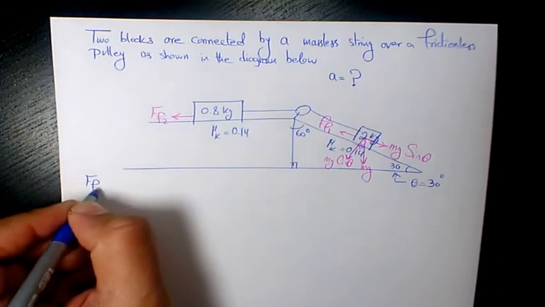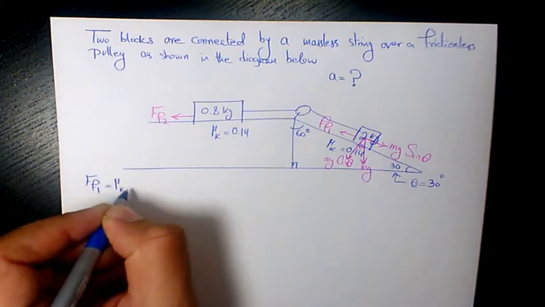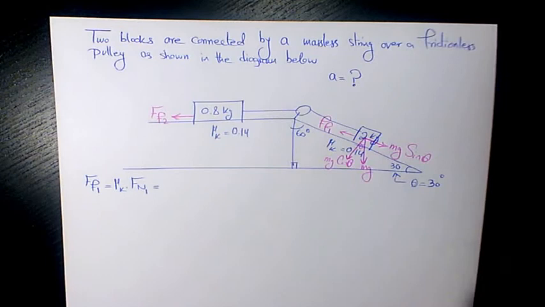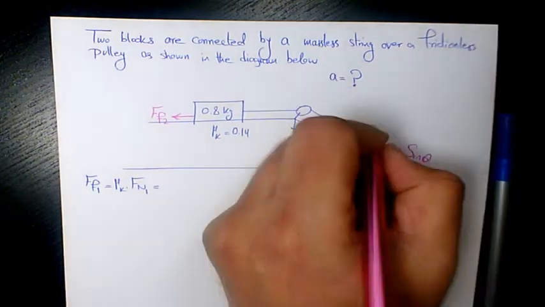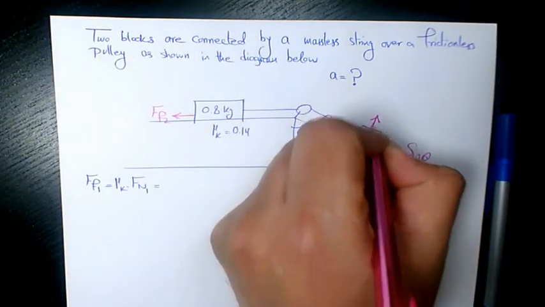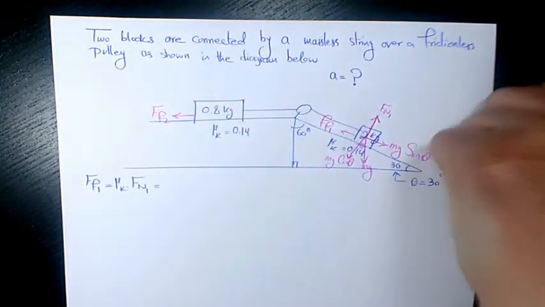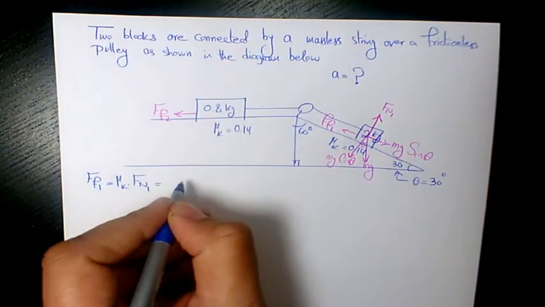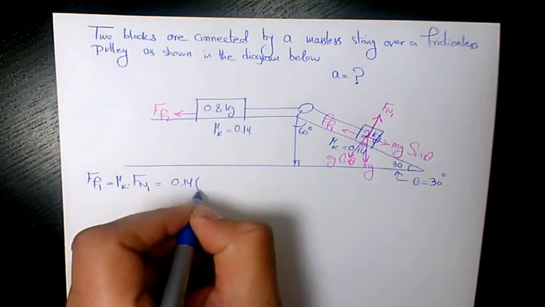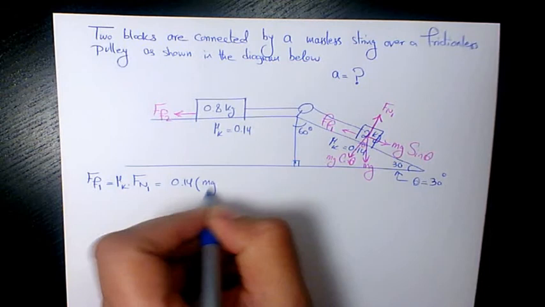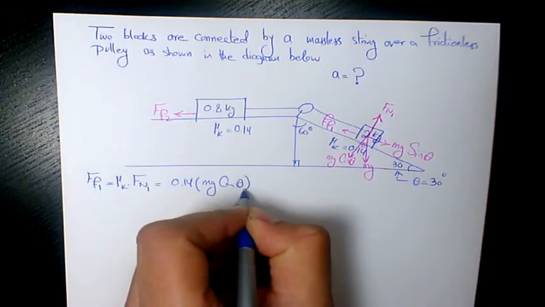F of F1 is going to be mu k times F of N1. N1 is going to be in here. We can say that will be equal to 0.14 times mg cosine theta.